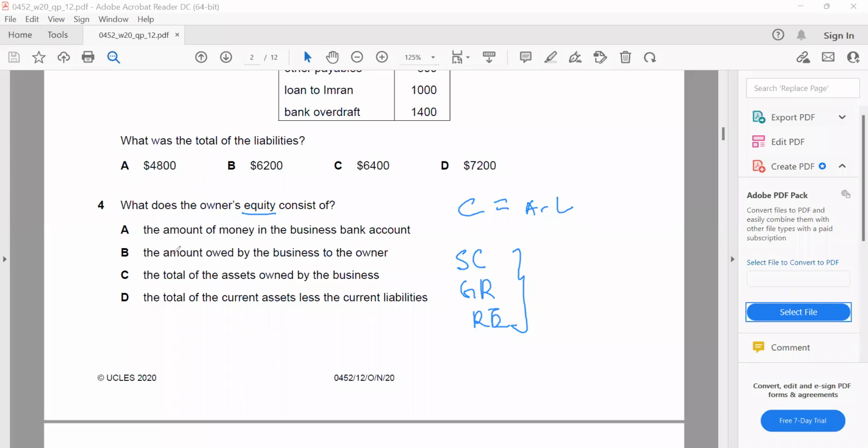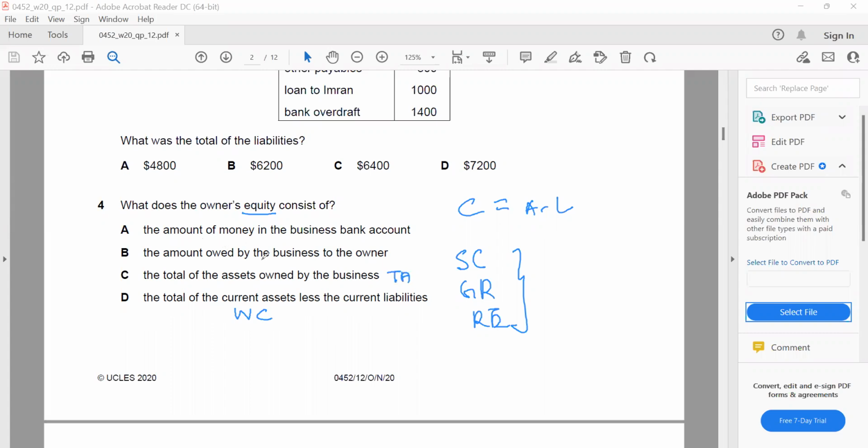Next options: the amount of money in the business bank account; the amount owed by the business to the owner; the total of assets owned by the business; the total of the current assets less the current liabilities. Current assets minus current liabilities is working capital. The total of the assets owned is referred to as total assets.